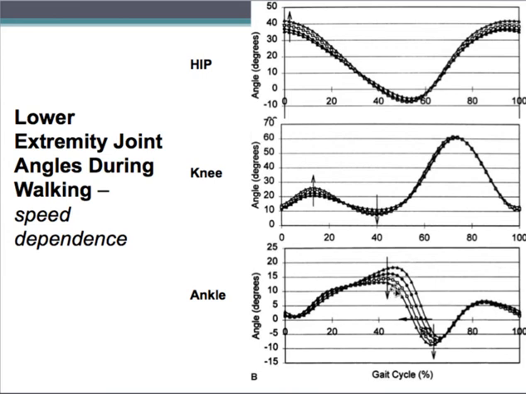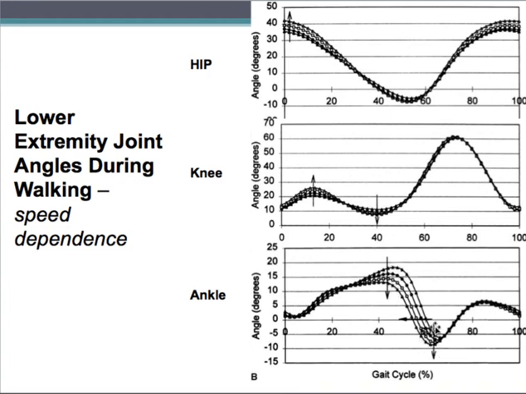And you can see that this arrow here indicates that plantar flexion starts earlier. So normally plantar flexion would start up here, which is at that exact point of transitioning into terminal stance. And now as we go faster, the plantar flexion is occurring earlier, so we don't go into as much dorsiflexion.